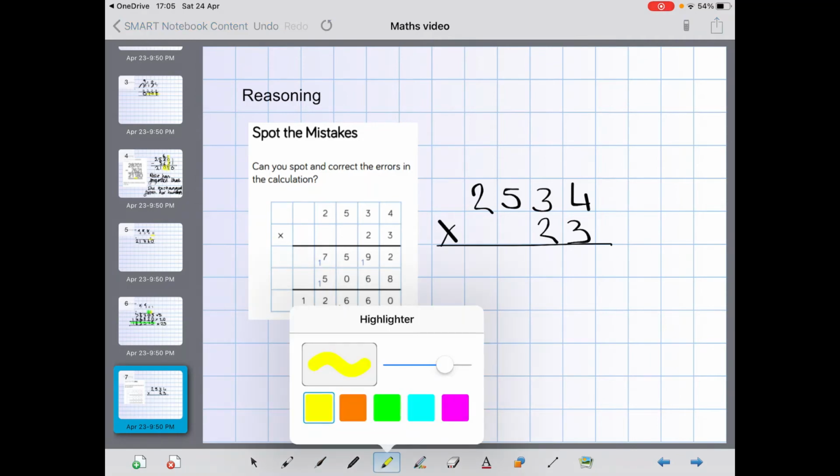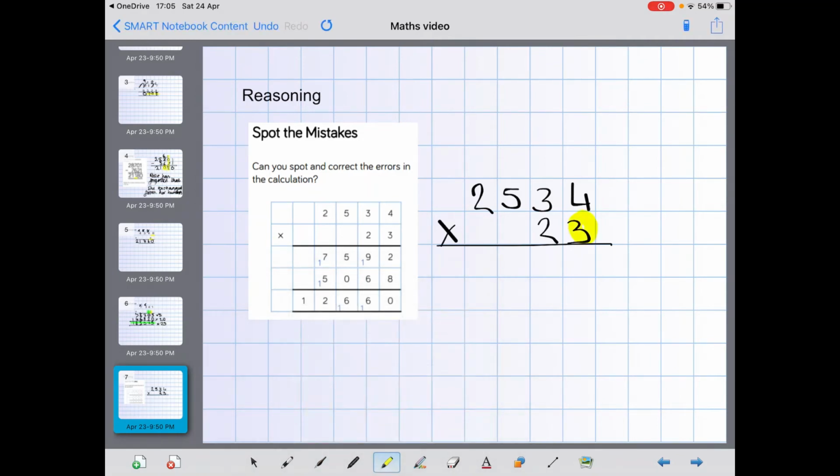So beginning with our ones, we would do 3 times 4 gives me 12. Carry your 1. 3 times 3, 9. Add your 1, 10. 3 times 5, 15. Add your 1, 16. Carry your 1. 3 times 2, 6. Add your 1, 7.